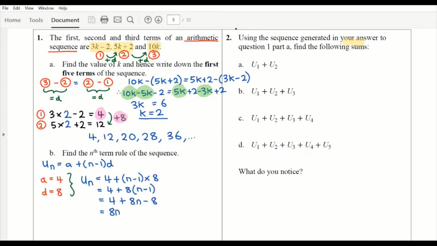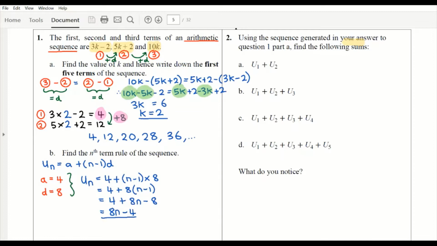And then 4 subtract 8 is, of course, negative 4. So we have 8N subtract 4 for our nth term rule. And as you can see, because the sequence differs by 8, the common difference is 8. This means it's a shift in the 8 times table. So it's the 8 times table with 4 removed in each term.